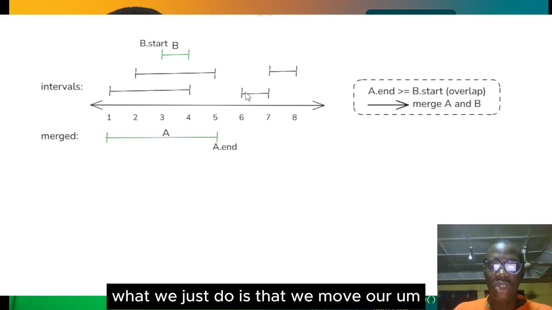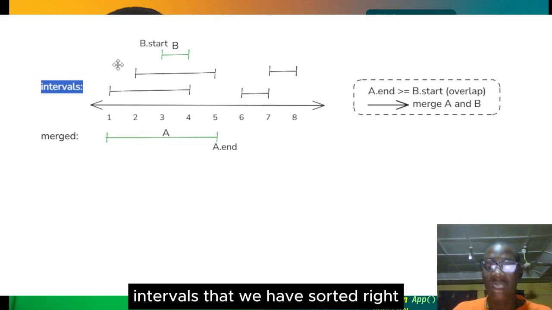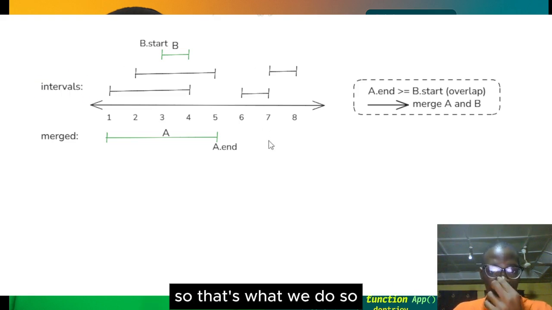After doing that, we move our b to the next interval in the sorted input intervals. So that's what we do.